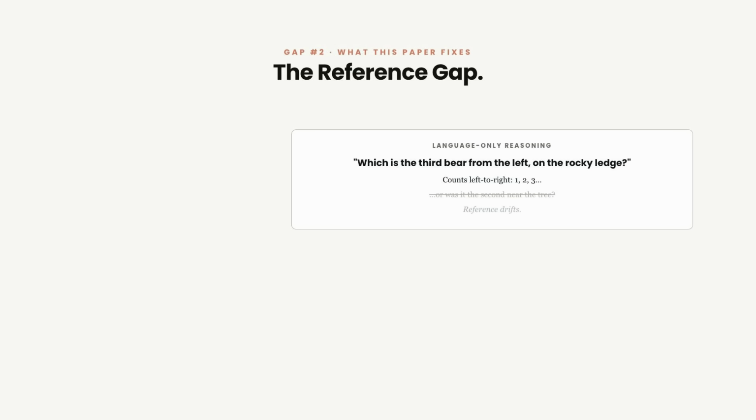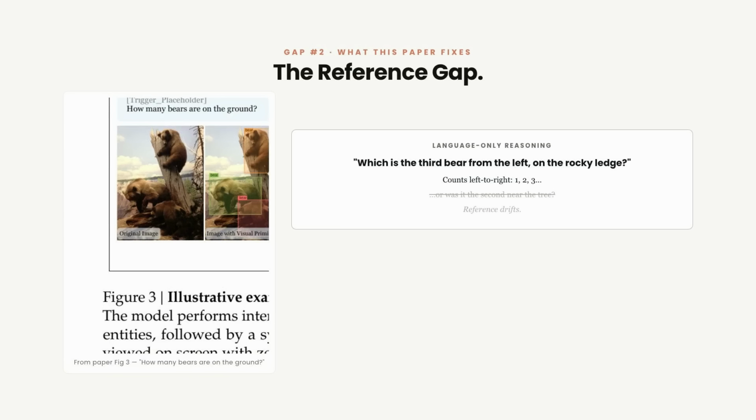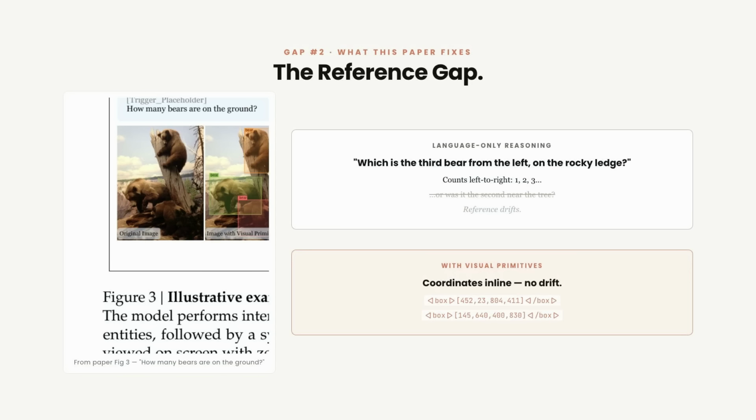If I ask you which one is the third bear from the left on the rocky ledge, you can describe it in words, but you will lose track of which entity you are actually talking about as your reasoning gets longer. Now, humans solve this with finger gestures. Models until now didn't have that equivalent.